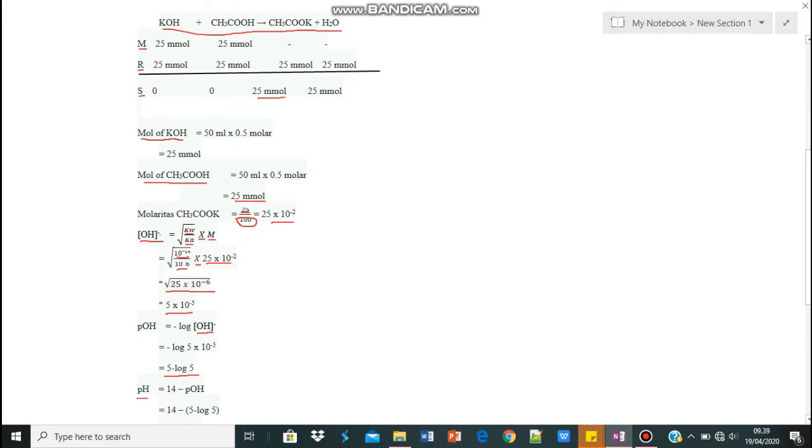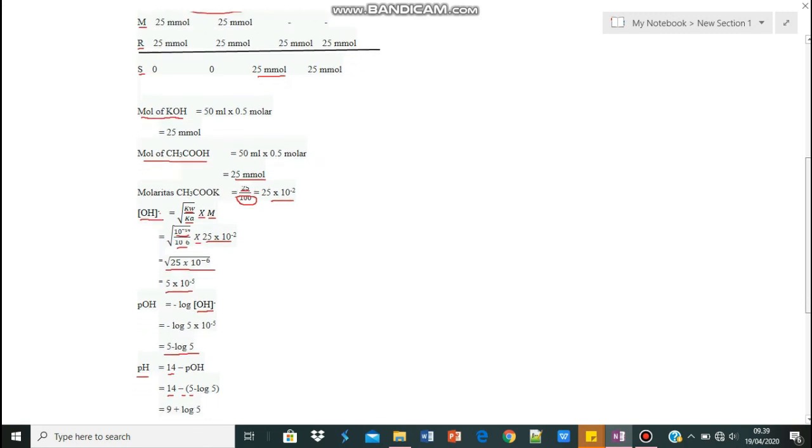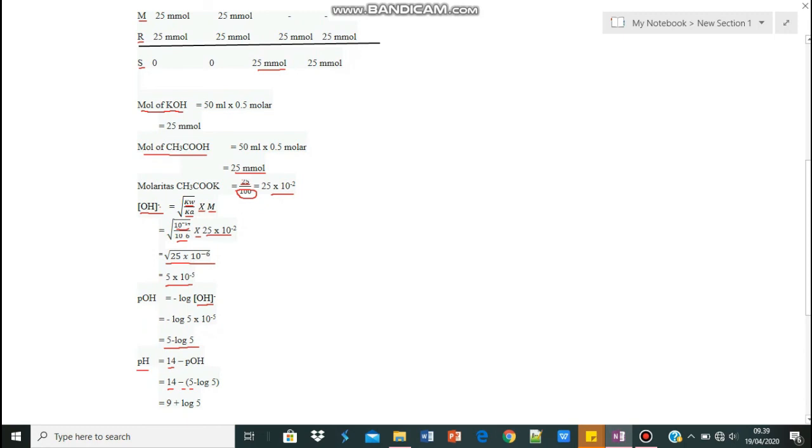To calculate pH, the formula is 14 minus pOH. So 14 minus 5 minus log 5. So we get the pH is 9 plus log 5.